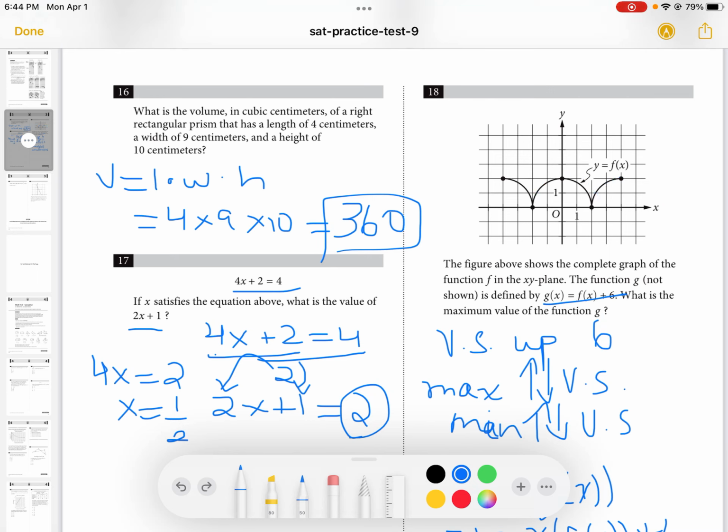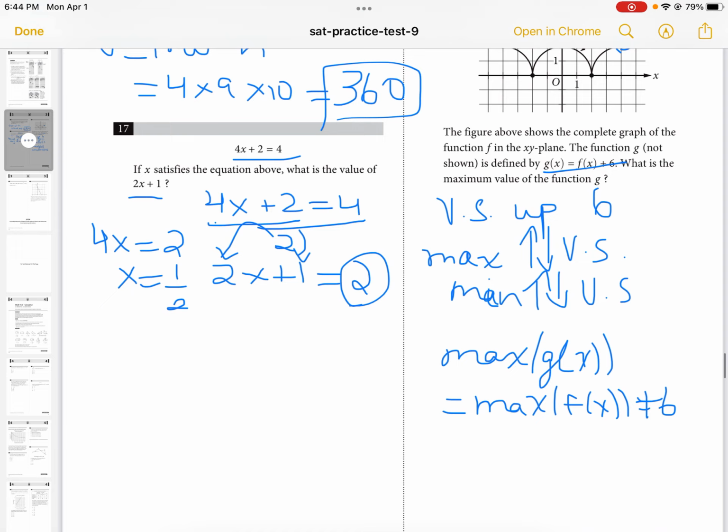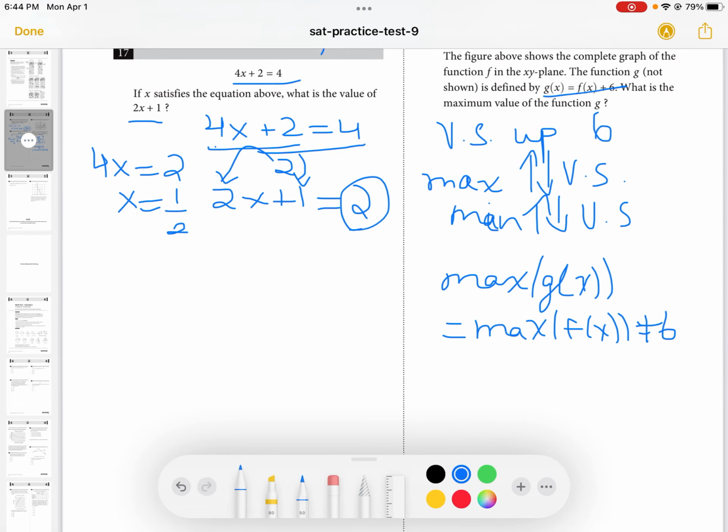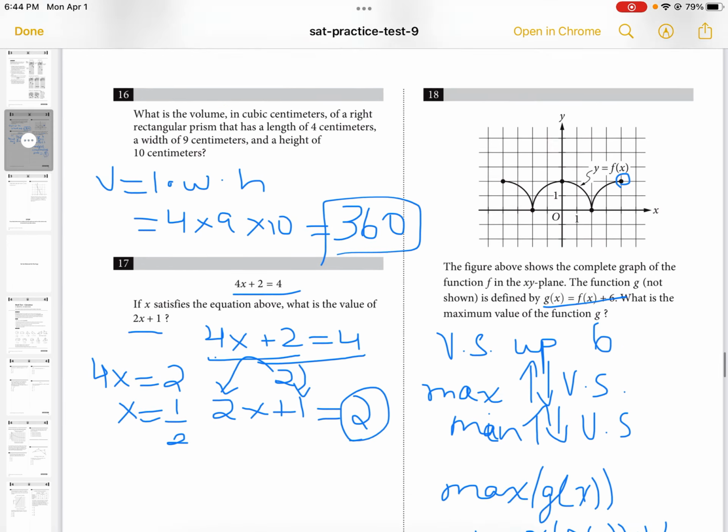Well, it doesn't actually. They show the complete graph. So we can just pick out the maximum point, and the maximum value is at 2, it looks like. So our maximum value for g of x will be just 2 plus 6, which will be 8. That's it. Pretty simple.